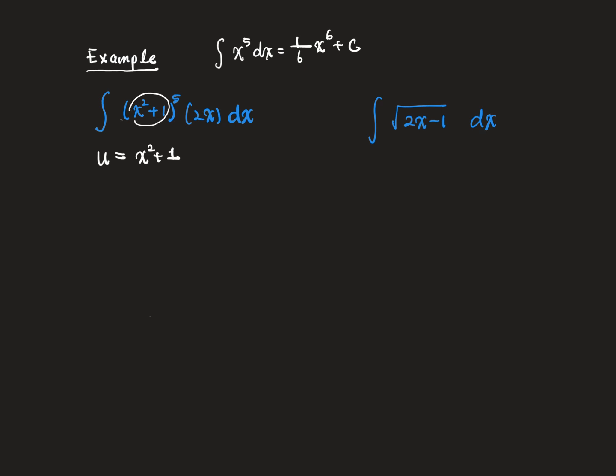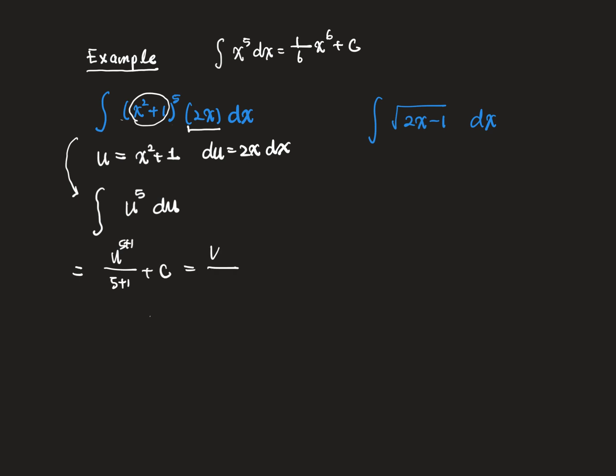Then du is 2x dx. The integral becomes u to the 5th du. Now this is a power, so u to the 5 plus 1 over 5 plus 1, plus c, which is u to the 6th over 6 plus c.